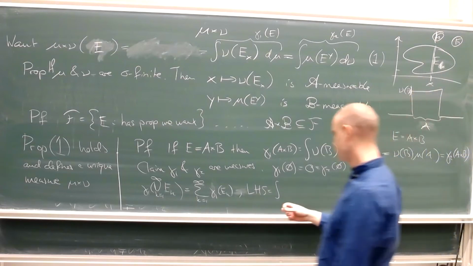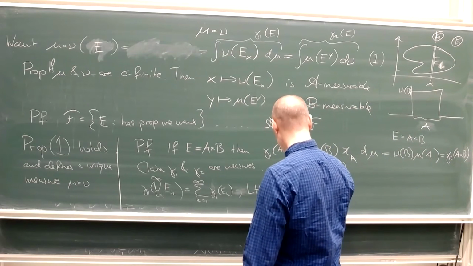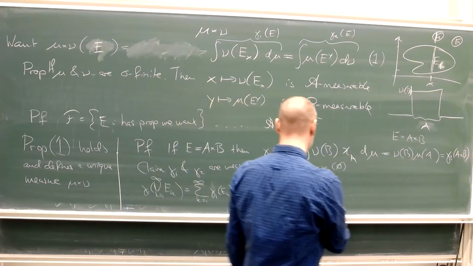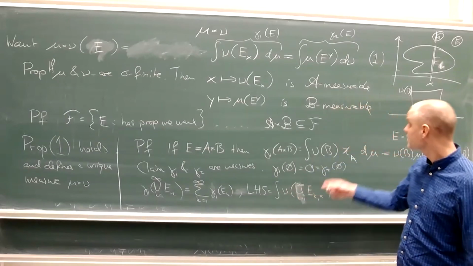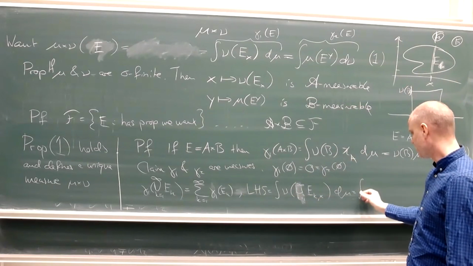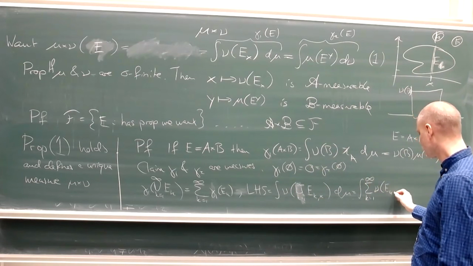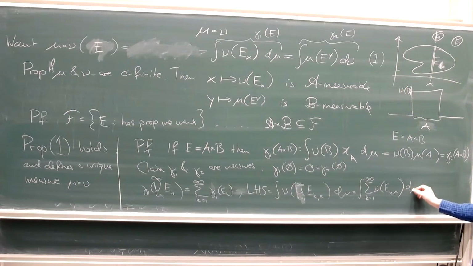So you see that here you have mu of the infinite union of the slices, like this, and because mu is a measure and these are disjoint, I get an infinite sum instead. And now it's just the monotone convergence theorem, or Beppo Levi if you want, to move that infinite sum outside. And once it's outside, we have the right-hand side.